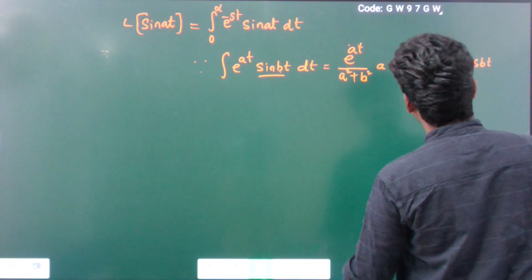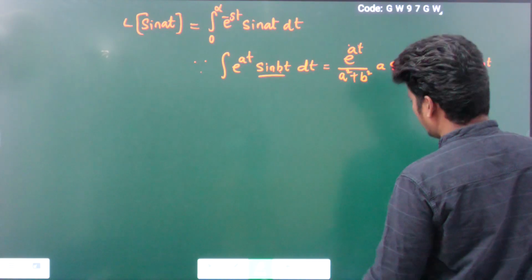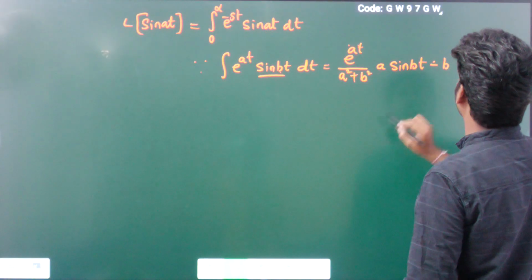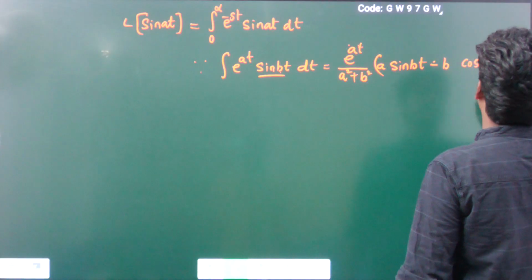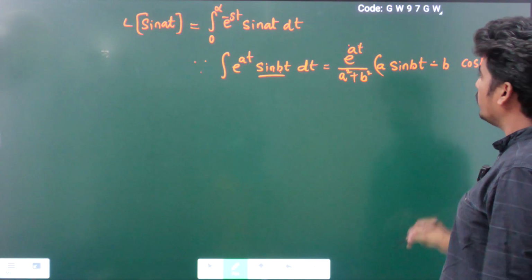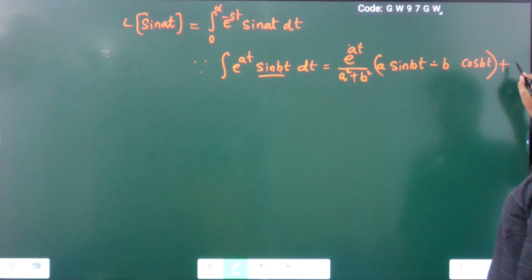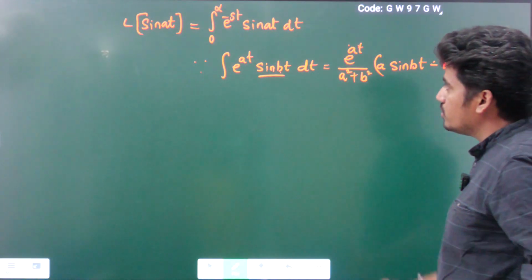So this is the integration formula for e power at sin bt.